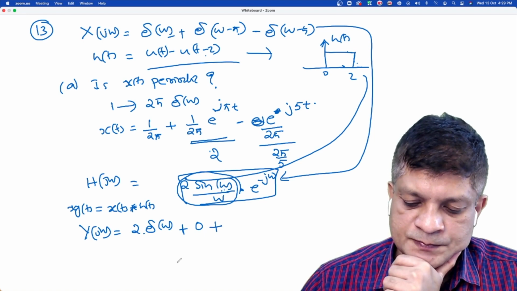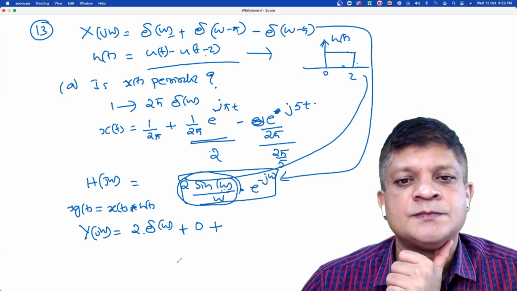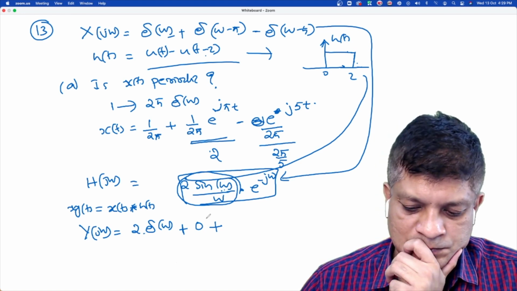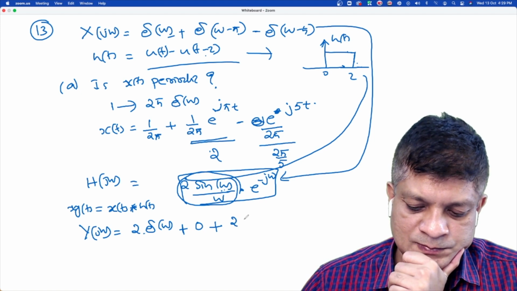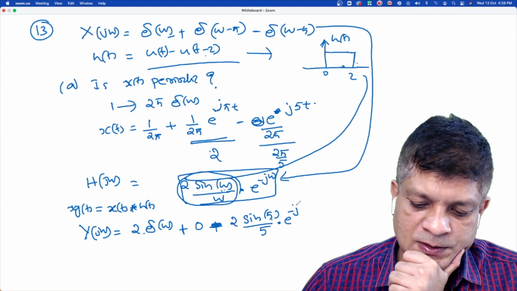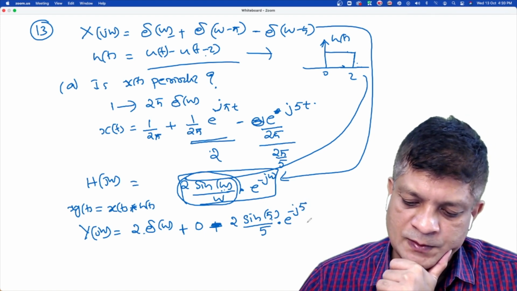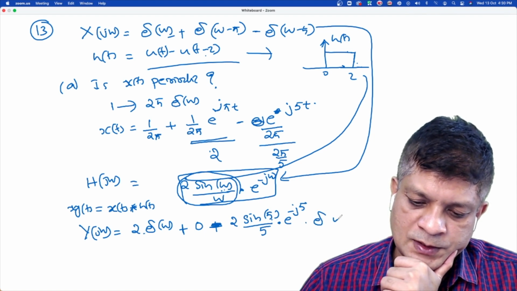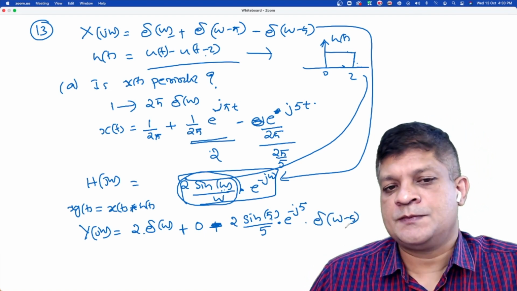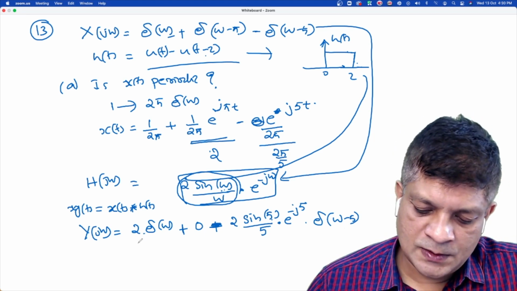And then minus 2 sine 5 by 5 into e to the power minus j5, because omega is equal to 5, into delta(omega minus 5). Is it this? Yes.